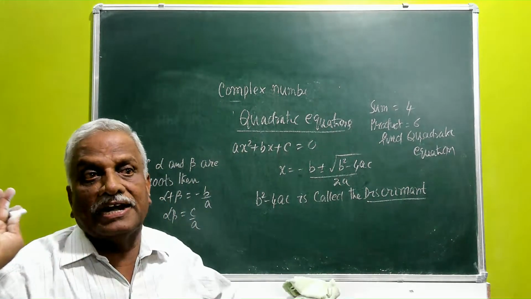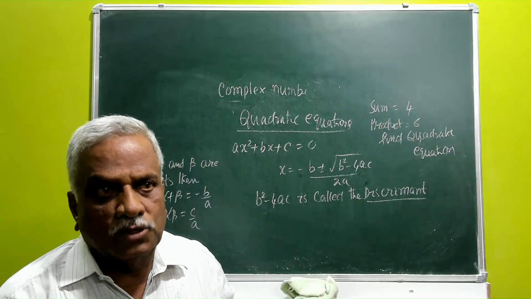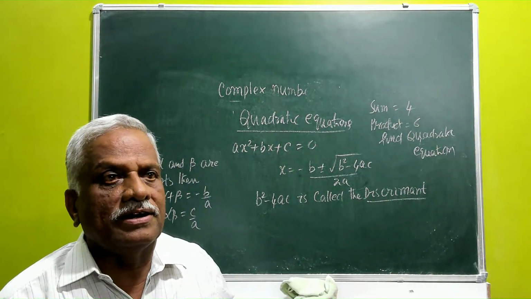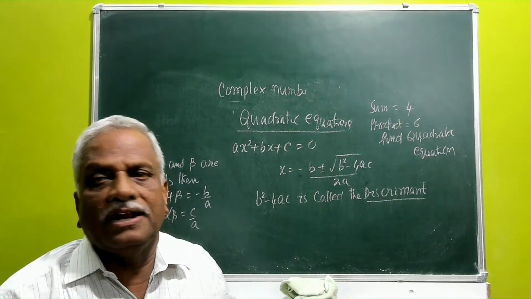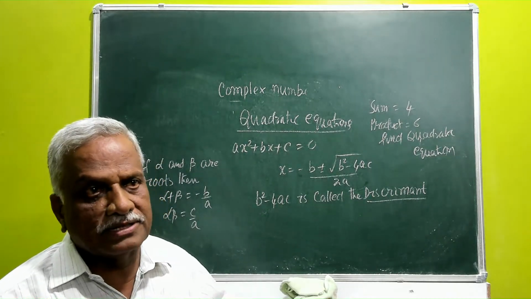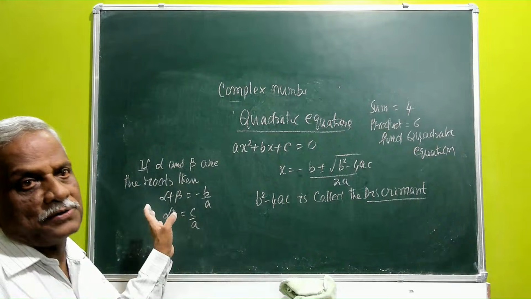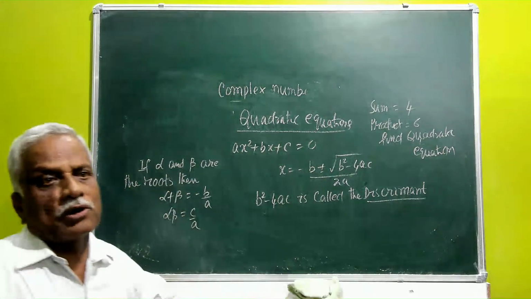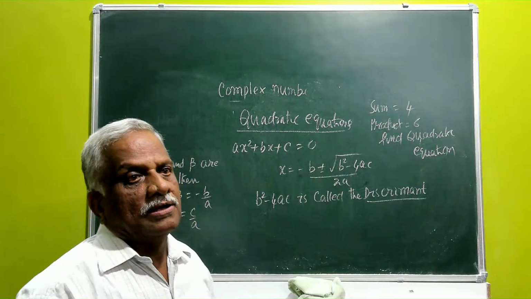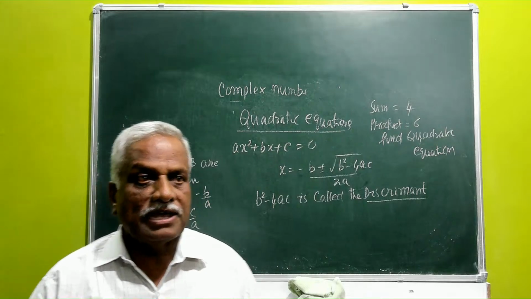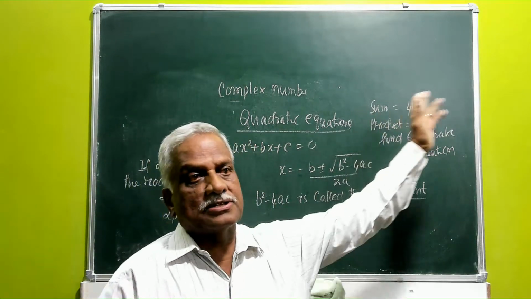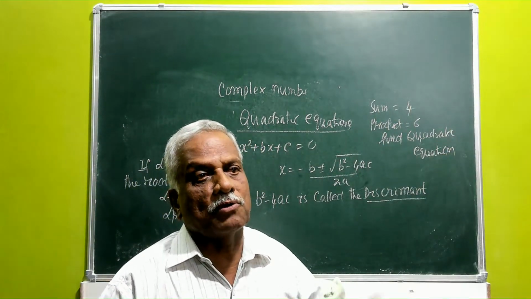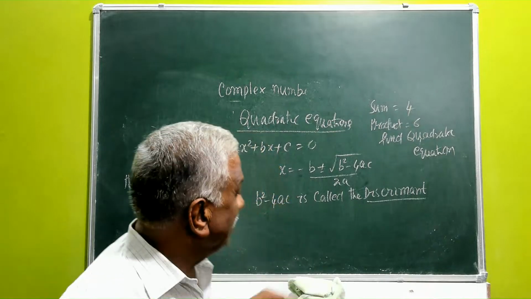They may ask something related to the roots, that is, roots are equal or real or imaginary. Or they may ask you to find the sum of the roots or product of the roots, when the equation is given. Or the other possibility, they may give sum of the roots is equal to 4 and product of the roots is equal to 6, and ask you to find the equation.